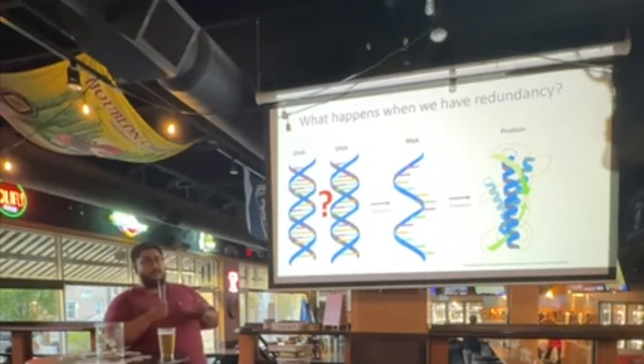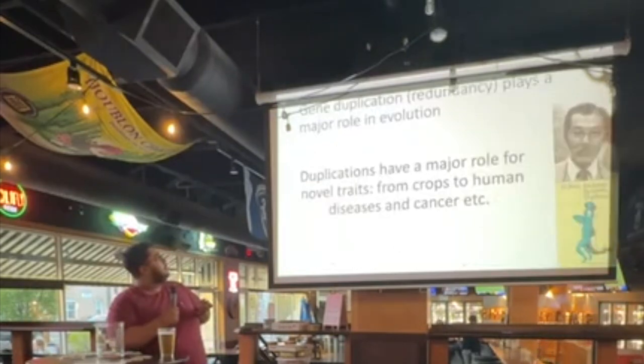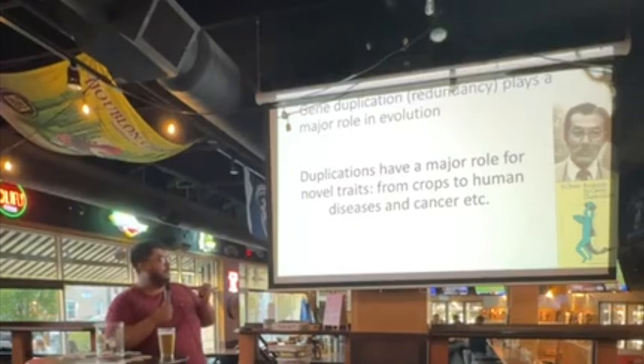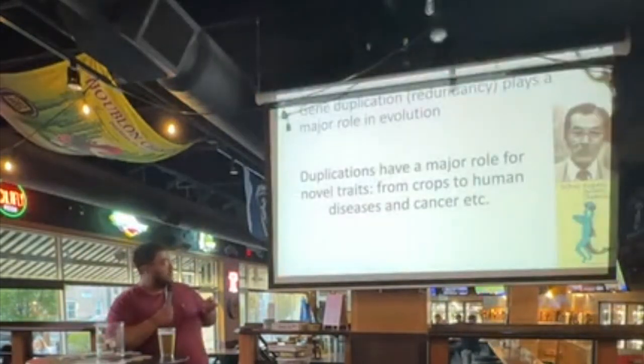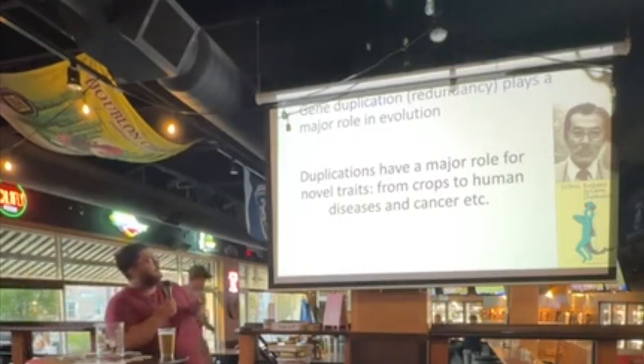And so in my research, I'm interested in what happens when we have redundancy in DNA or duplications in DNA. People have explored this for decades at this point. The quote that I showed originally came from this book called Evolution by Gene Duplications, which was written in the 1970s.